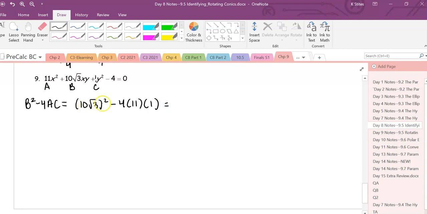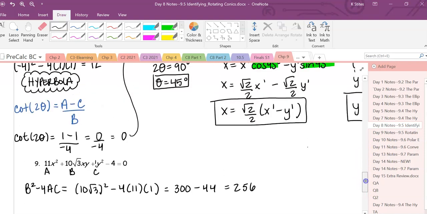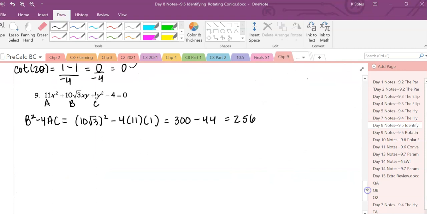This would be 100 times 3, which is 300, minus 44, which is 256. And that is a positive value. Sorry, it's been a long winter break. Yes, 256. Good job for me. 256 is a positive value greater than 0, and so what that means is we are dealing with a hyperbola as well.